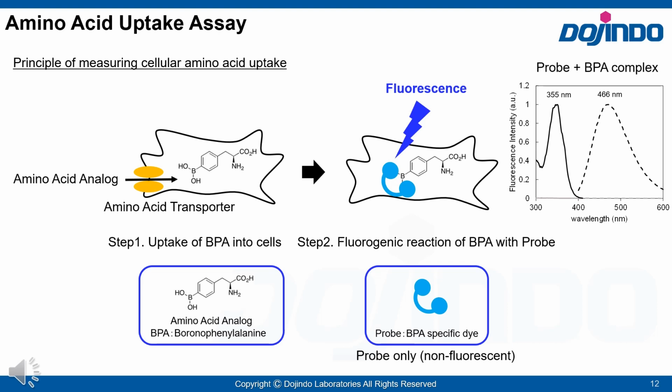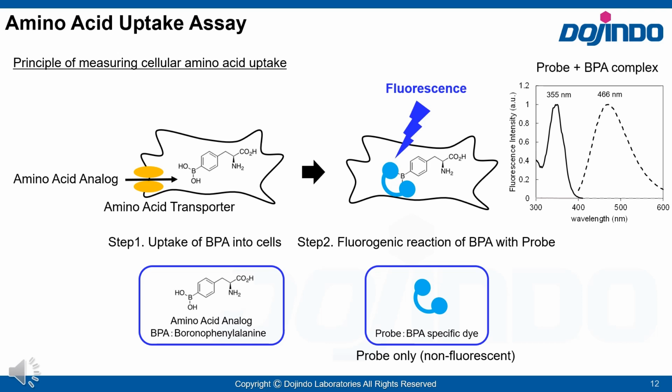To avoid these limitations, we developed a simple fluorescence assay for amino acid transporter activity using p-boronophenylalanine (BPA), which is an amino acid analog used in neutron capture cancer therapy, as well as a fluorescent probe for BPA.